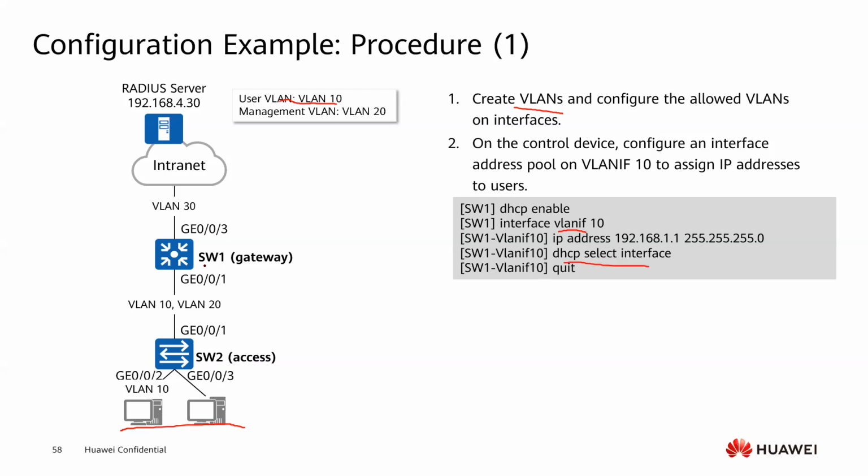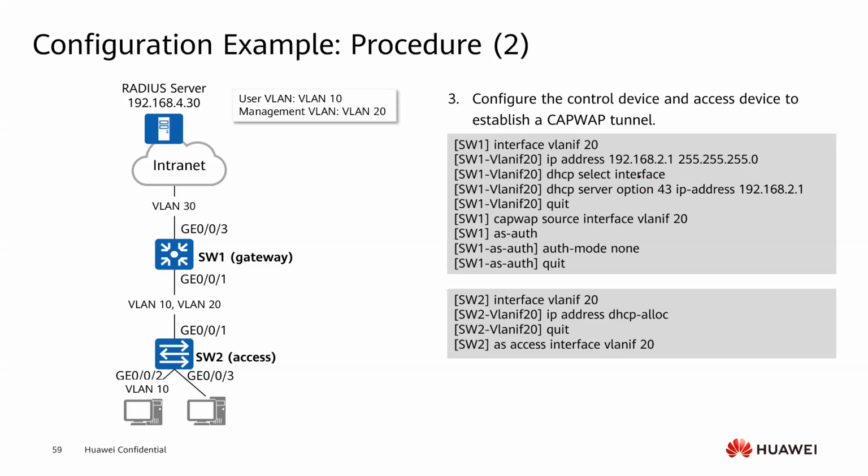So SW1 is the DHCP server for the users, and also the DHCP server for SW2 to establish the web terminal. It uses VLAN interface 20 as the DHCP server interface to assign the IP address for SW2, and then it can use DHCP option 43 to establish the web terminal.